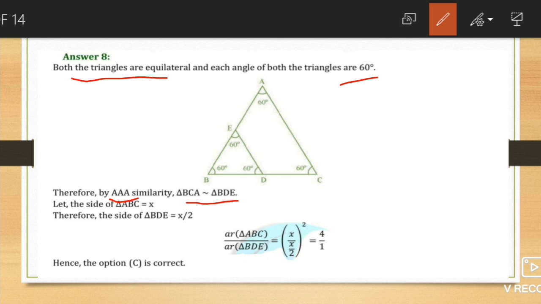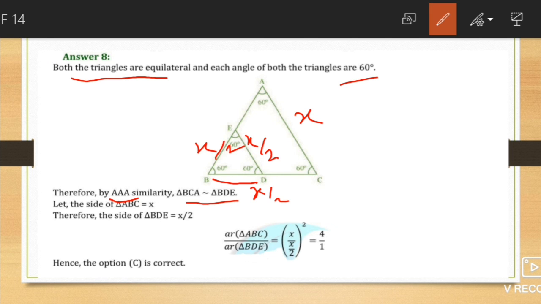Now if you consider the side of triangle ABC as X, and D is the midpoint of BC, that means BD length will be X by 2. Since BDE is an equilateral triangle, this is also X by 2.